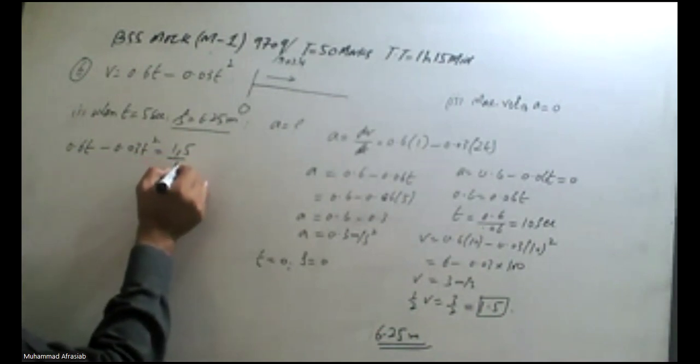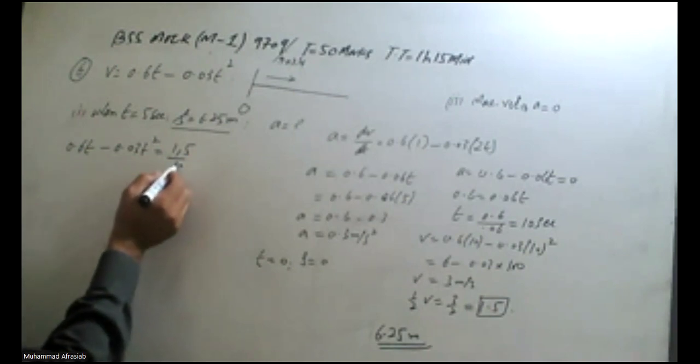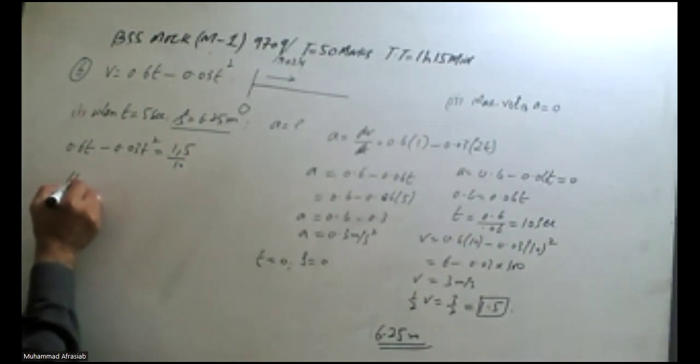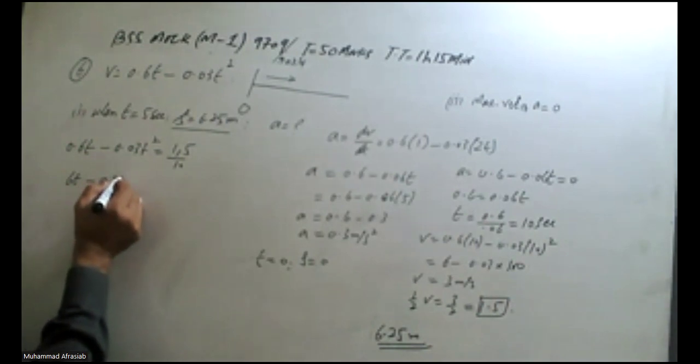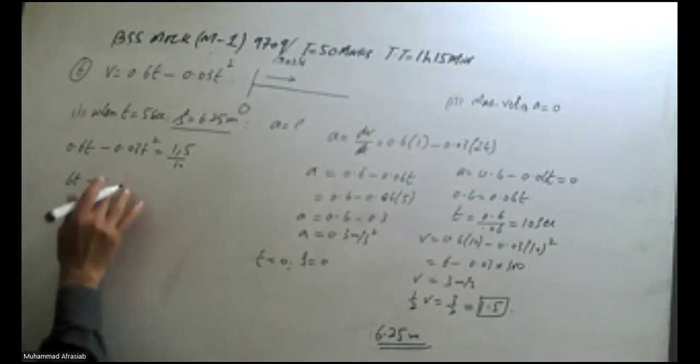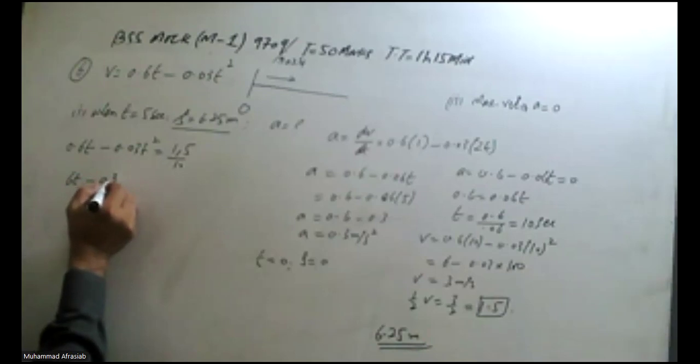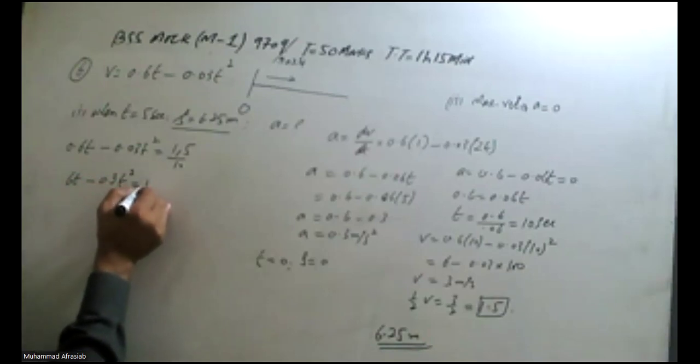Multiplying by 10, this becomes 6t - 0.3t² = 15.